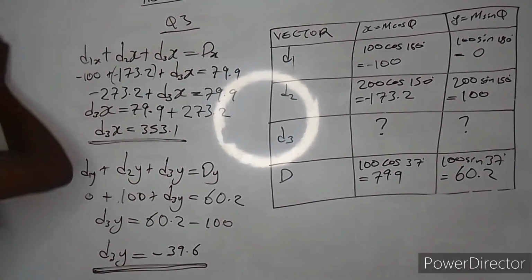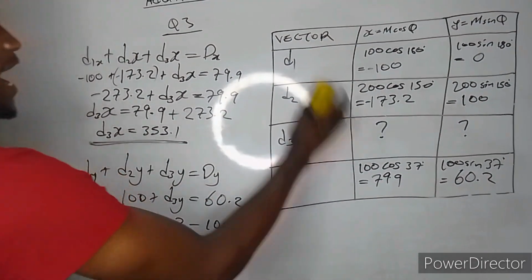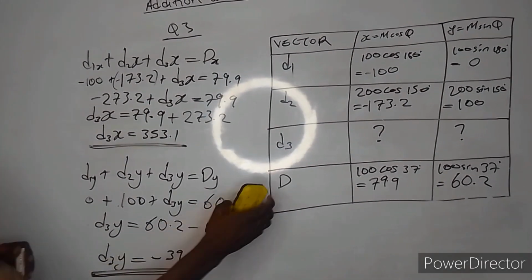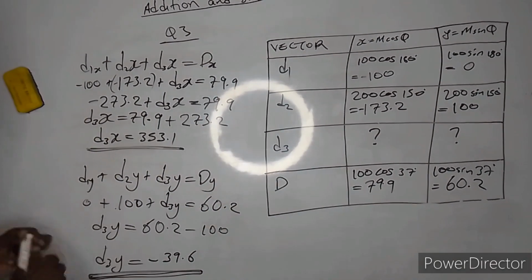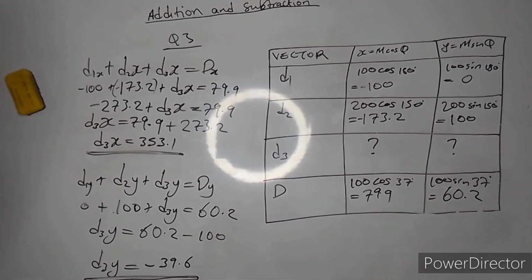Since we have these components, we can remove this table to find some space. Oh, let us just leave it there. We'll calculate from here.